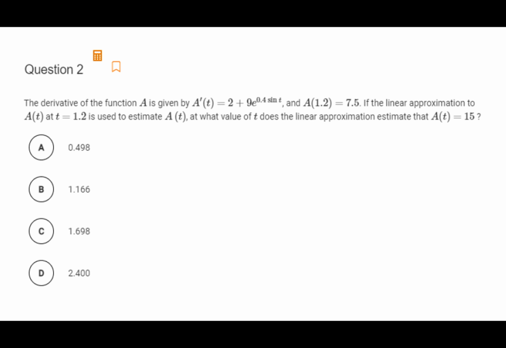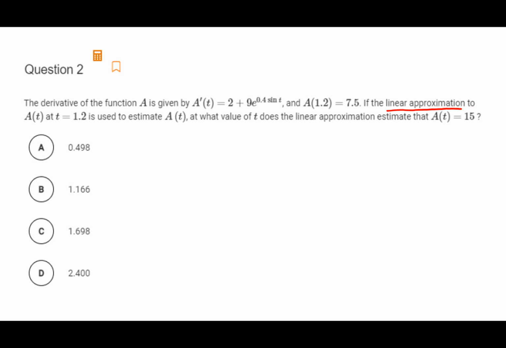So this one says, the derivative of the function A is given by A prime 2 plus 9e 0.04 sine of t. A of 1.2 is 7.5. If the linear approximation to A of t at t equals 1.2 is used to estimate the function A of t. So they're giving us a derivative, but they're asking us about the original function A of t.